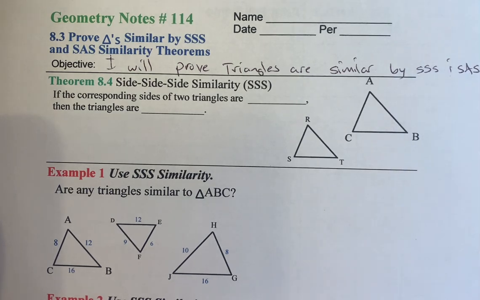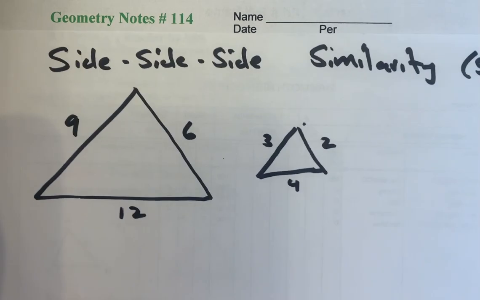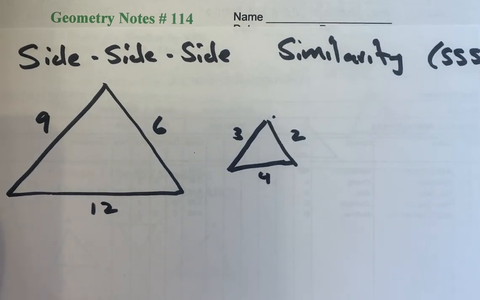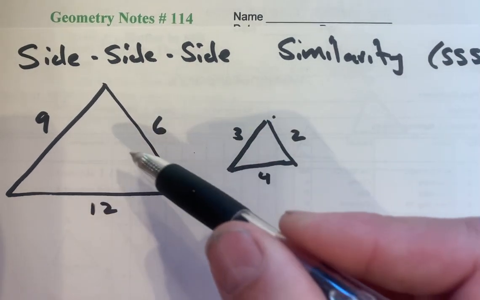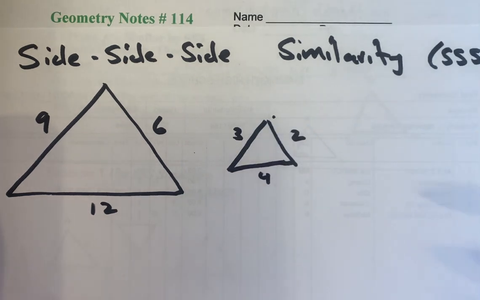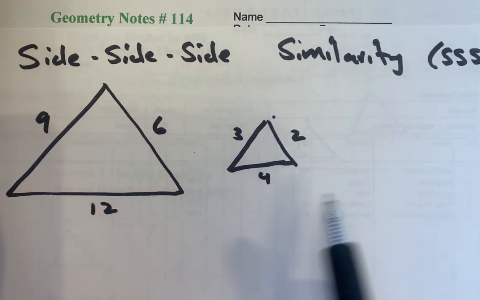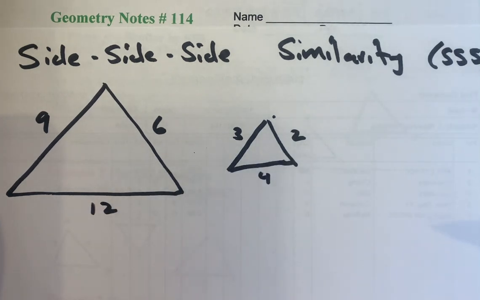Okay, now just to get a preview of the side, side, side, I'm just going to look at this really quick. One thing we've done is we've looked at the three angles. If two of the angles are congruent to these two angles, then we know they're similar by AA. But we're going to be looking at their sides. So we know all the sides of both triangles.